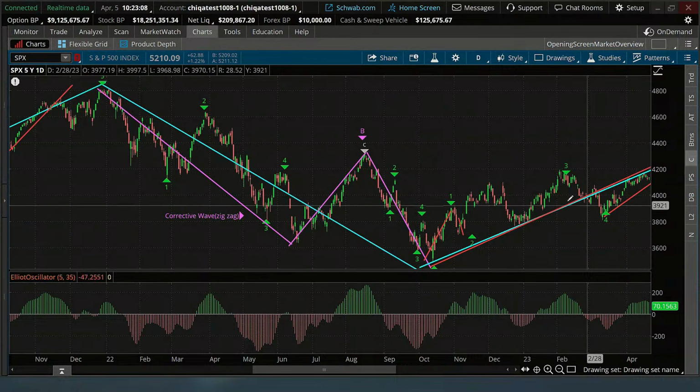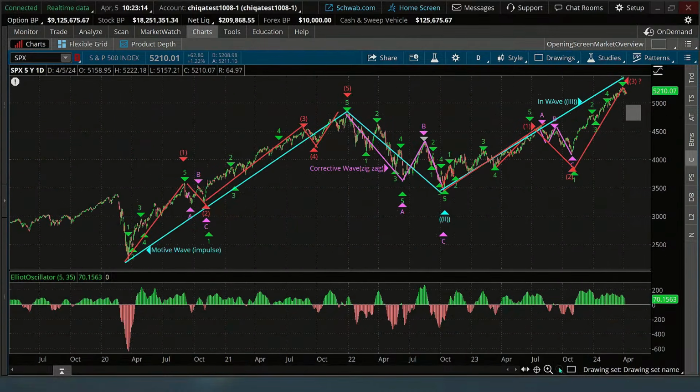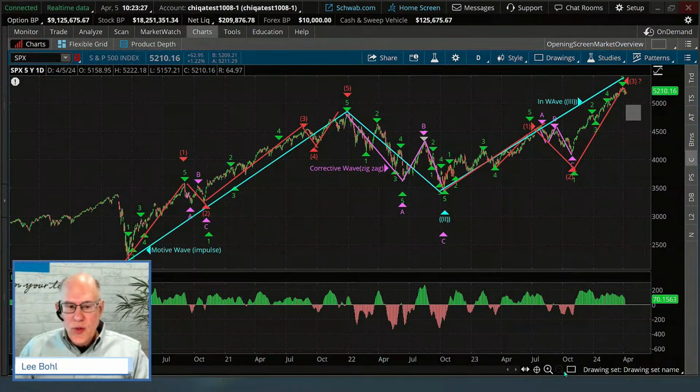All right. The next thing I want to show you, I'm going to reset this. Why did I show you those Fibonacci sequence numbers? Because another way that you can see where something might correct to is to add a Fibonacci retracement.